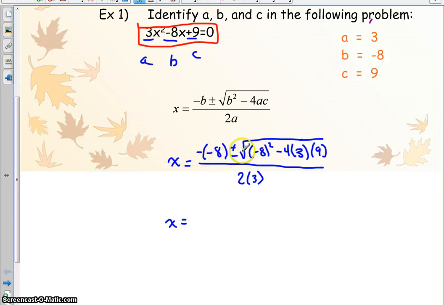So negative 8 becomes positive 8. Okay, underneath the square root we have negative 8 all squared, so remember the negative gets squared there as well, so that's 64. Okay, so 64 minus 4 times 3 times 9, 12 times 9 is 108.